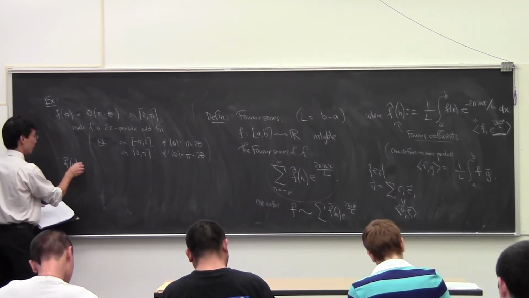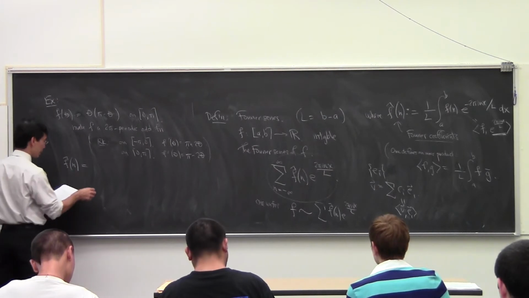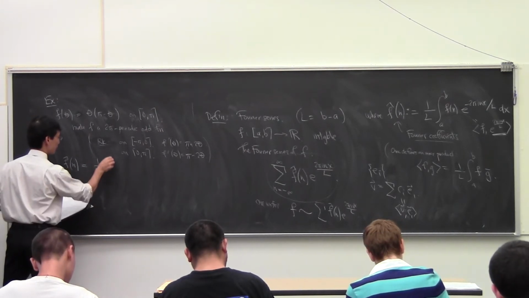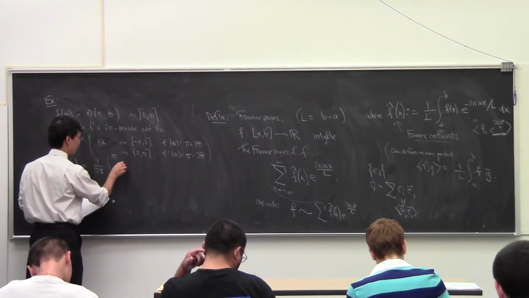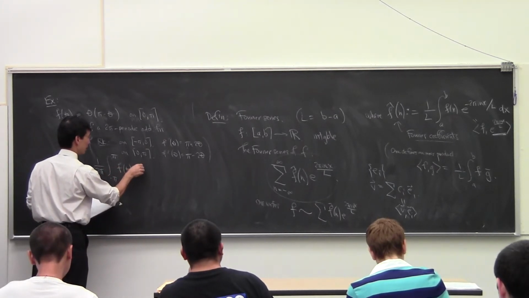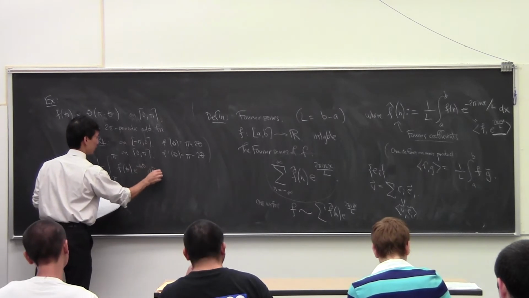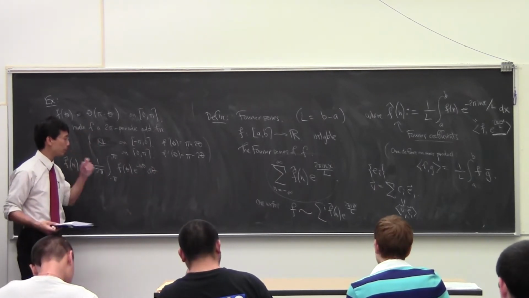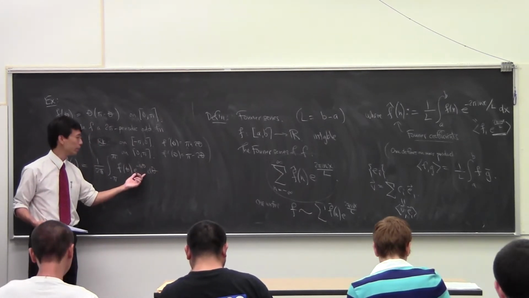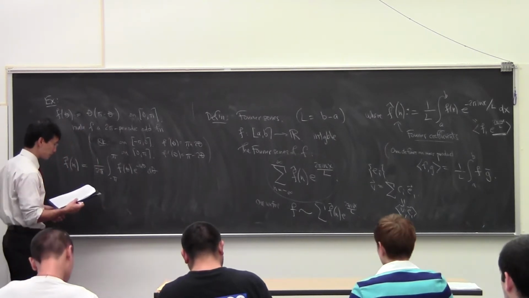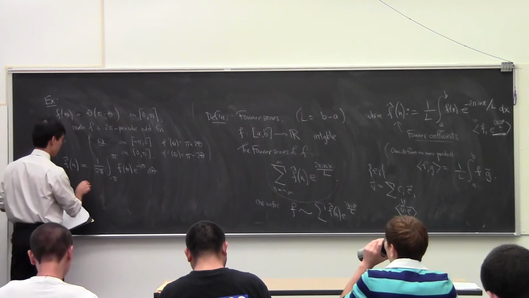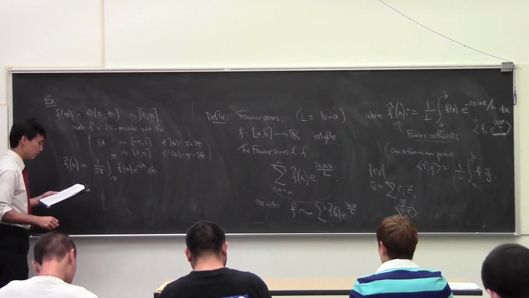Well, we just need to calculate the coefficients. Right? So we take the integral from negative pi to pi of the function against the complex conjugate of e to the i n theta. Right. And what you do is you use integration by parts.